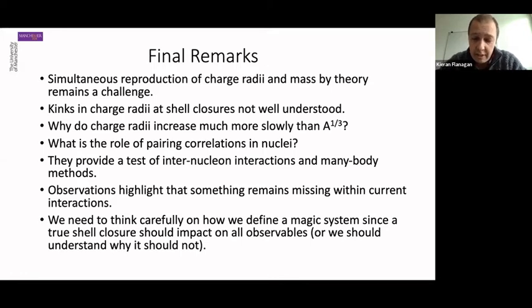And I also think, and this is a comment which can probably be chewed over, that we really need to think very carefully about how we define double closed magic systems and what we mean by magicity, if it's not going to be observable in all observables. And we should understand why we shouldn't observe it in each of those observables.